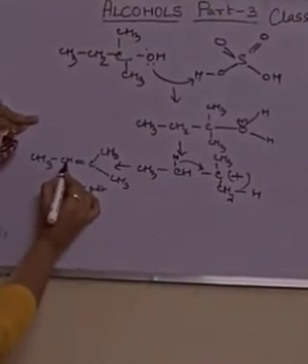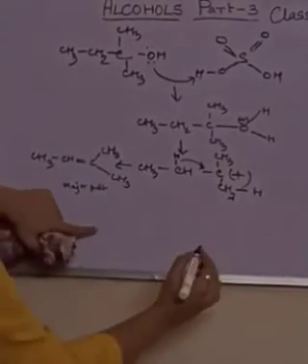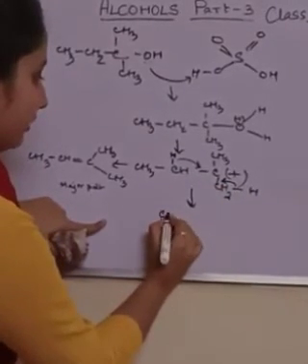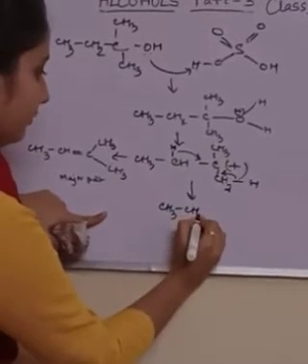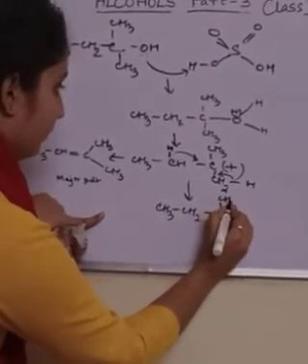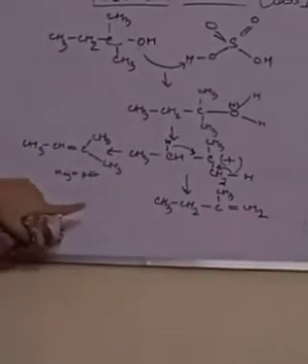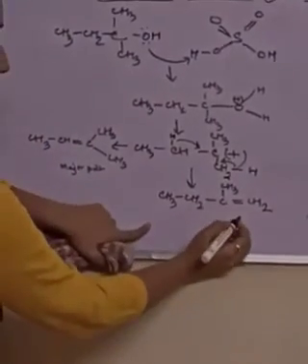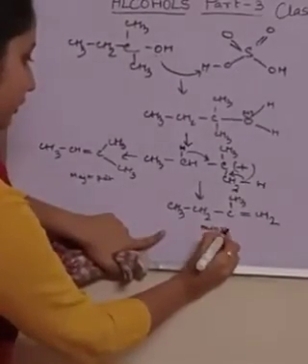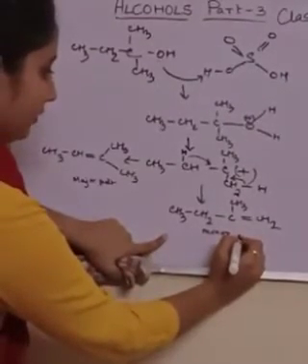Alkene is formed at the most substituted carbon and hence this is the major product, or we can name this as Saytzeff product. And here if this occurs, then this will be the product, and this is the minor product because the double bond is formed at the less substituted carbon.